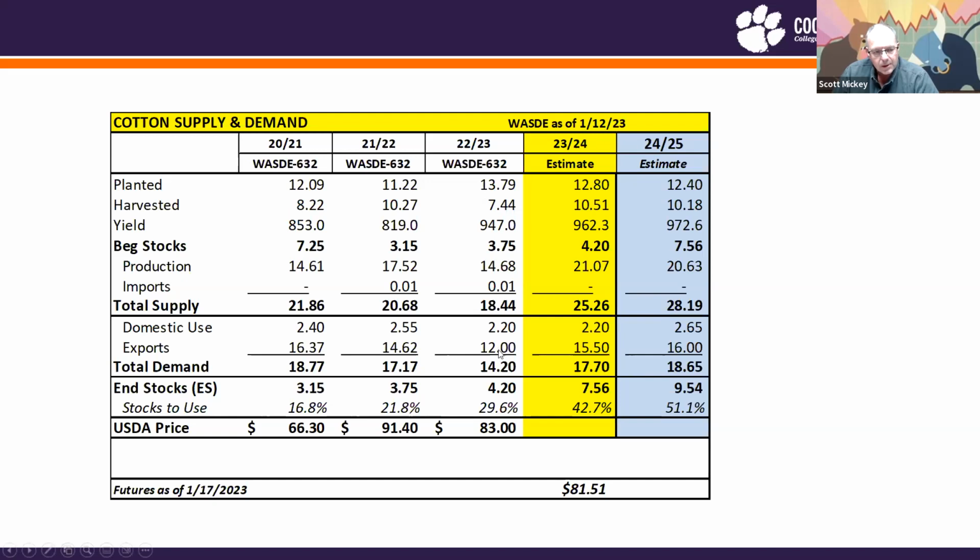They were only 12 million bales last year, but for a large part of the year, that cotton price was over $1. Maybe we can get exports up to 15.5 million bales in 2023 because of the lower price, but a lower price isn't what the US producer is looking for in cotton production.